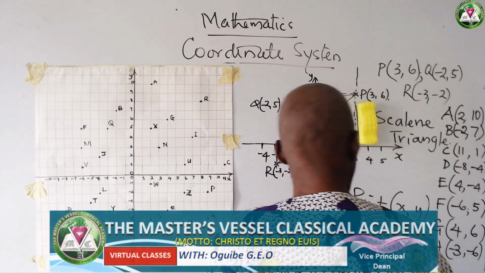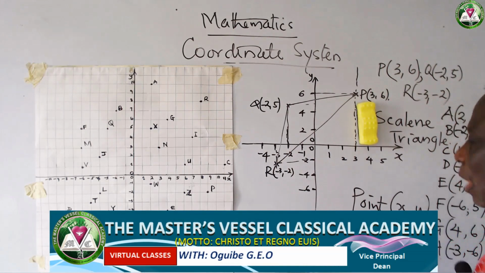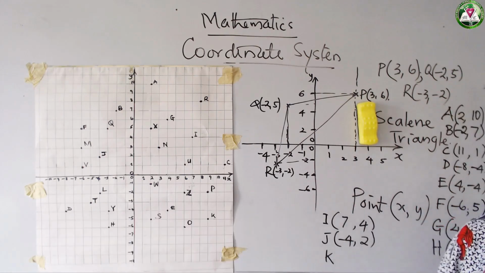So, let us see how many more remaining. We have 1, 2, 3, 4, 5, 6, 7, 8, 9, 10. So, remember, it's 26 alphabets. We need 3 more, having gotten 10.